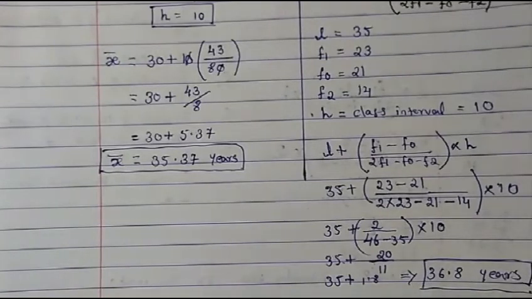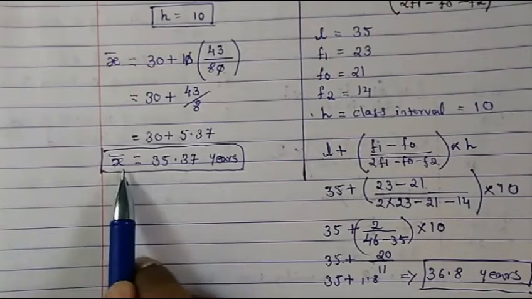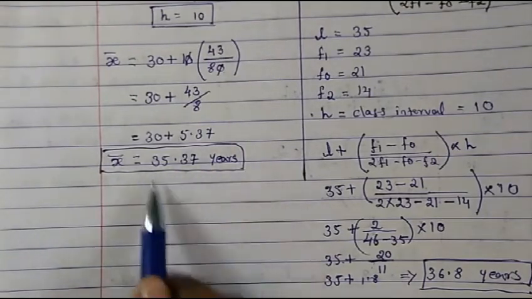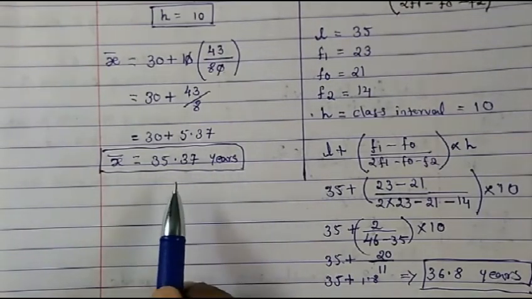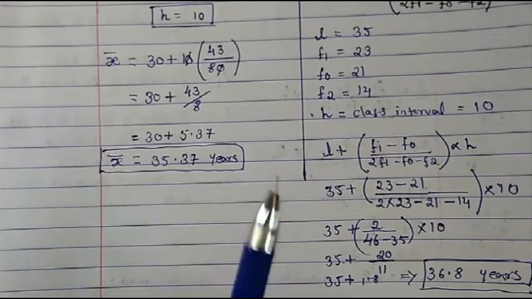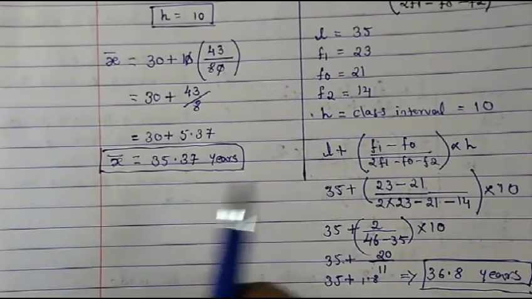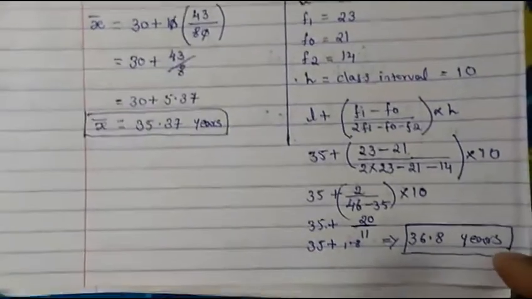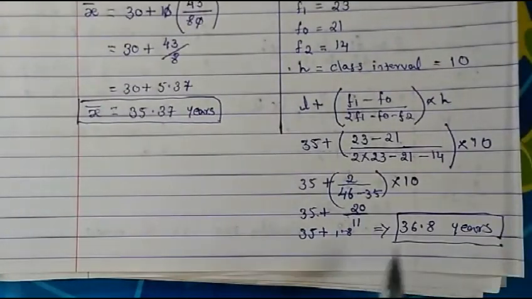So now we have to compare. So mean means average. Mostly the patients that are admitted, the average age was 35.37 years. But among them, mostly which age was admitted?